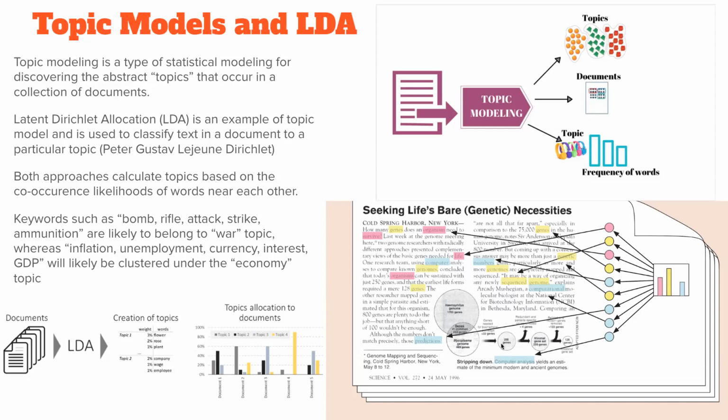So it is trying to understand whether flower, rose, plant, these keywords belong to the same topic because they appear very frequently next to each other. And then it is trying to understand whether company, wage, and employee, these keywords are associated with a different topic. So topic models try to extract themes and topics from a large text database by calculating how frequently or infrequently certain keywords appear next to each other.